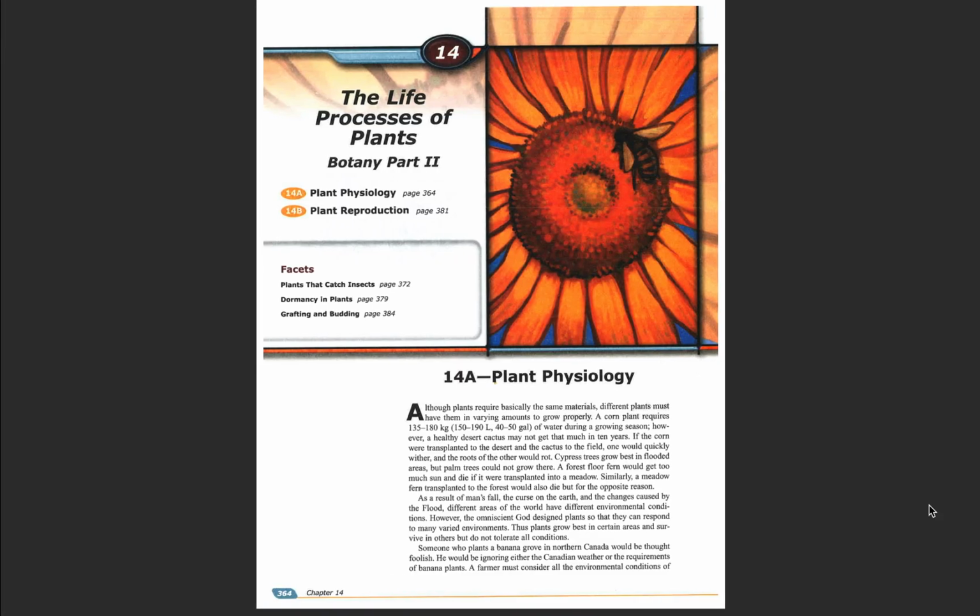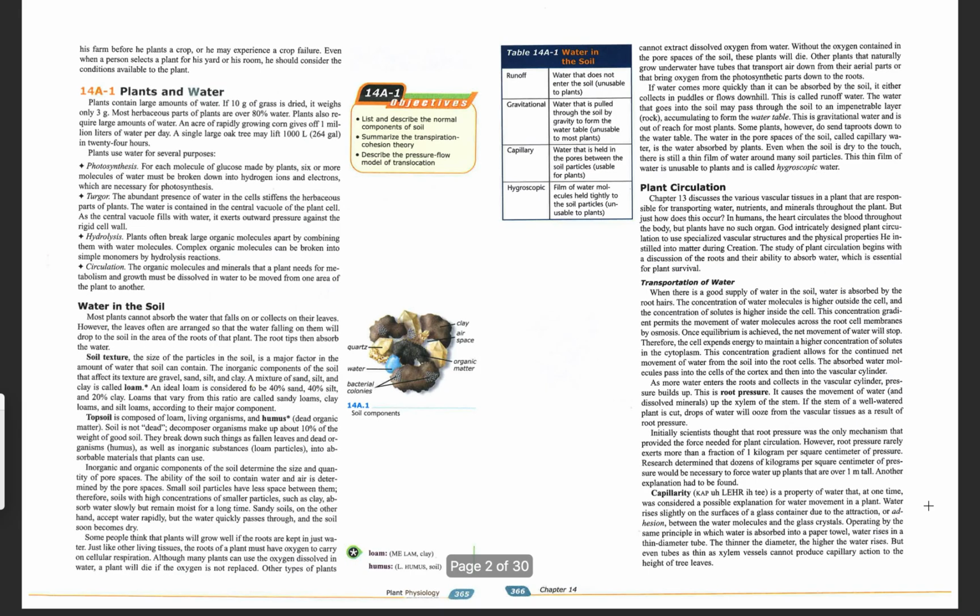I'm going to quickly jump into our book, and you can see 14A1, plants and water, talking about water in different soils. It's very important to understand the difference between loam, topsoil, and humus. These are different things, right? Loam is a mixture of sand, silt, and clay.